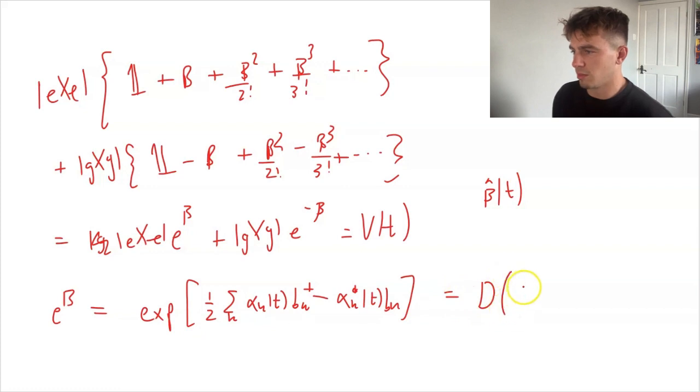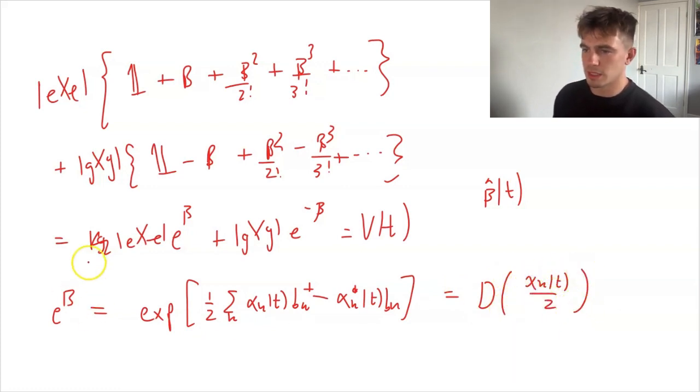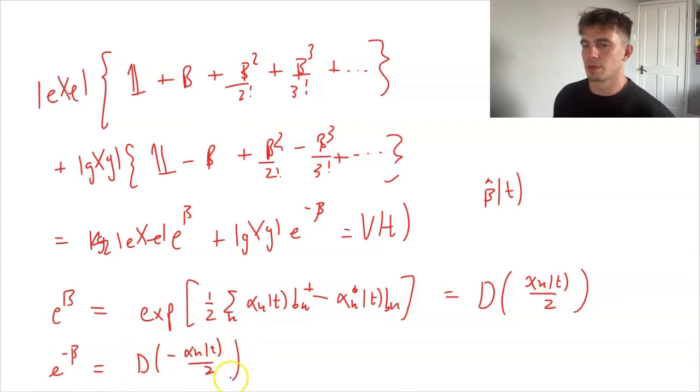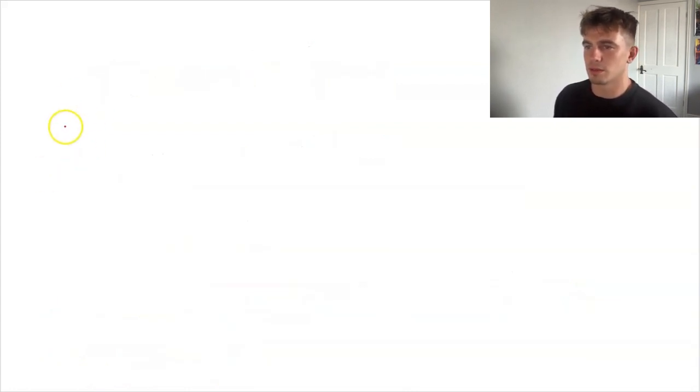Displace by alpha k of t divided by 2. And that means that e to the minus b is just displace by minus alpha k of t over 2. So that lets me write this time evolution operator in a very instructive form, which is EE tensor.